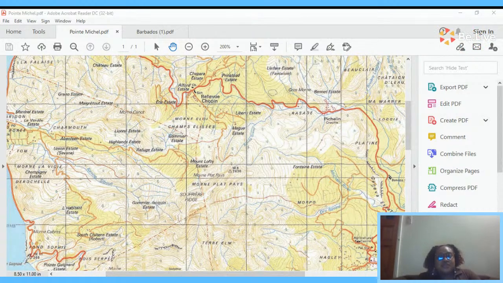So they didn't want you to describe, they just want you to state. So you could say the drainage pattern, the type of slope.